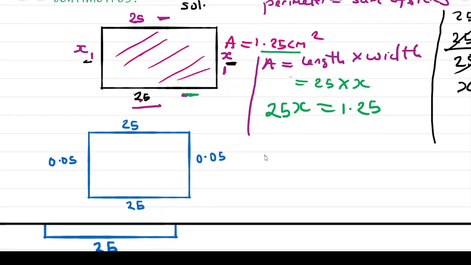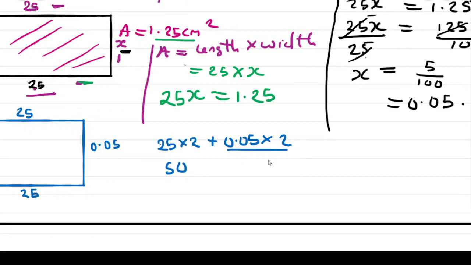So we have to add 25 plus 25, but that is 25 times 2, plus 0.05 multiplied by 2. So this is 50. Now this multiplication is actually not that difficult to work out. This is like 5 over 100 multiplied by 2.